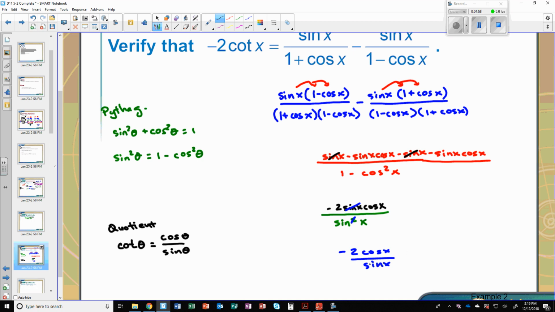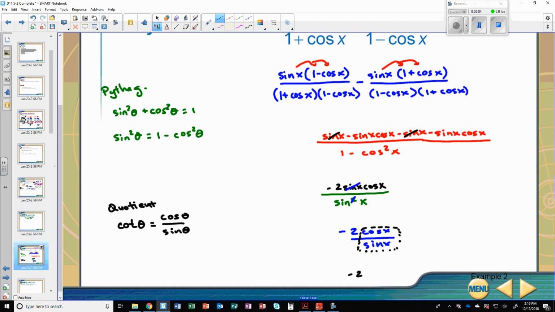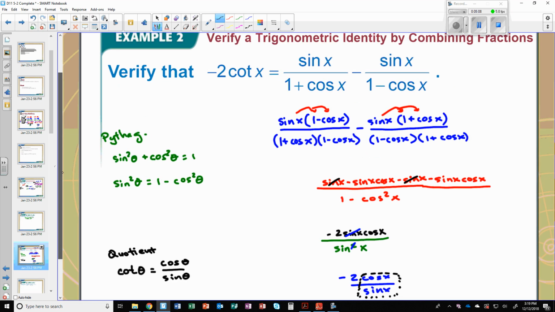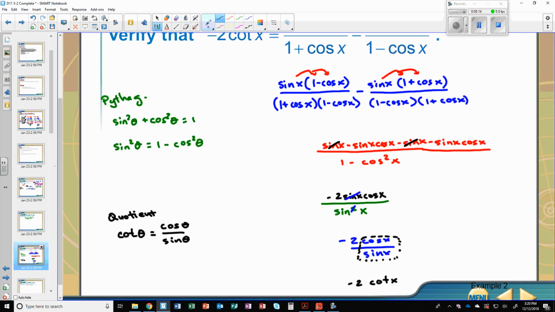So I could write this right here using the quotient identity and say that that is negative 2 cotangent of x, which is what we set off to prove. We have verified that negative 2 cotangent of x is equal to all that. So this is my answer here, and when we're simplifying or verifying, I'll usually do a check mark if I get to the end. You got it correct, so I did that there.